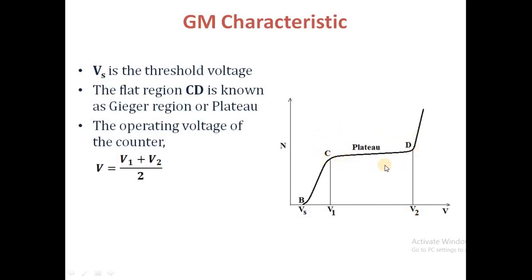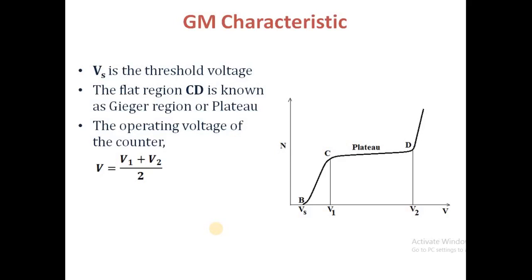Therefore, for proper working of the GM counter, the applied voltage should be maintained between the voltage corresponding to point C and point D. The GM plateau gives the operating voltage of a GM tube.